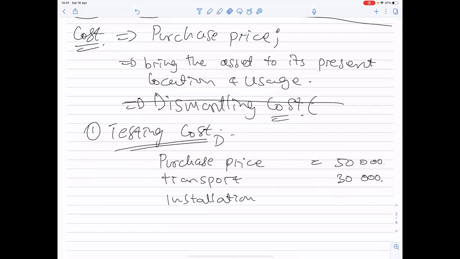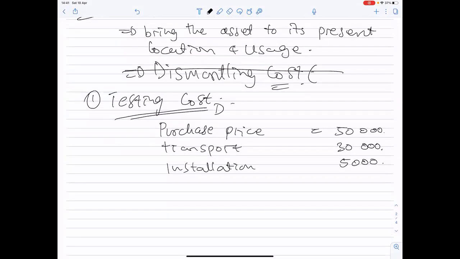Let me just say it's 5,000. Now, as you are installing the asset, maybe you are going to test the asset. So the testing cost, let's say in the testing there, you produce items. Let's say the items were produced for 8,000. The cost of producing those items is 8,000.